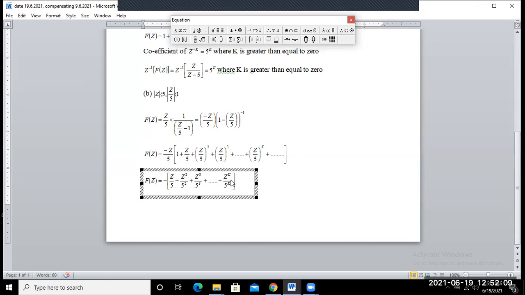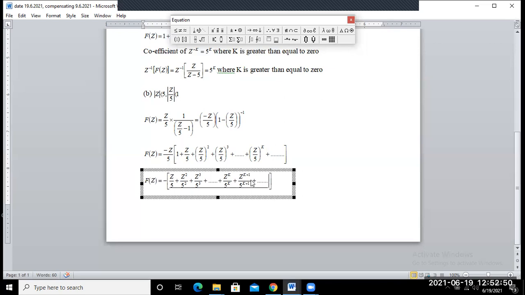Okay, next term is z to the power k plus 1 over 5 to the power k plus 1, and so on.